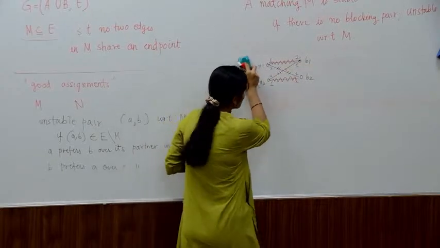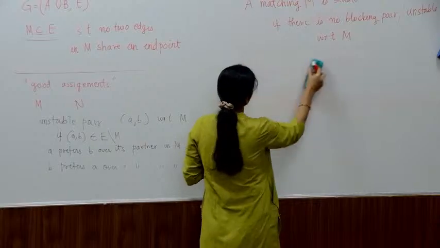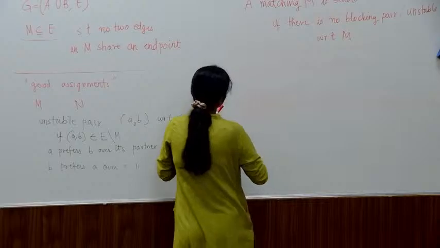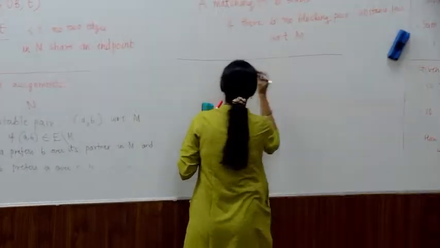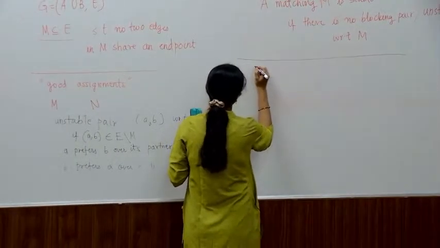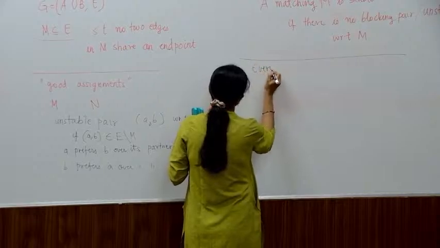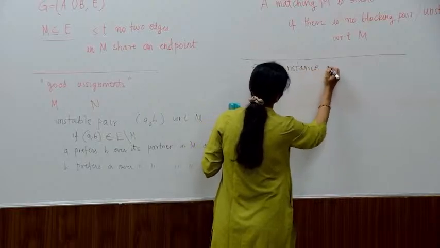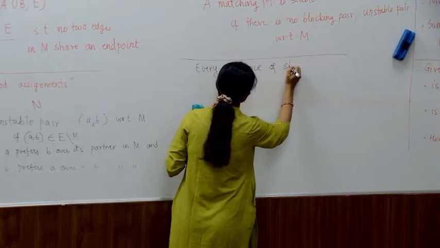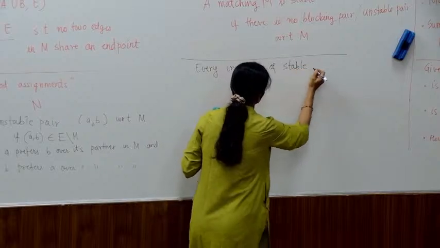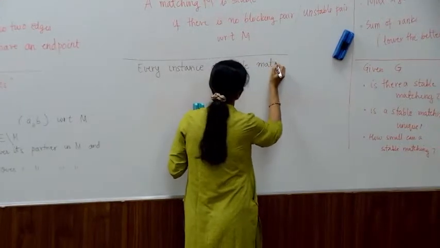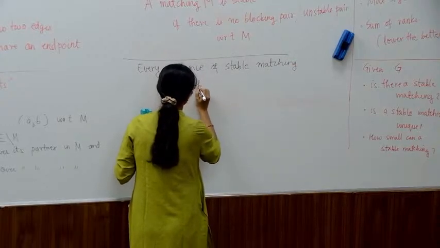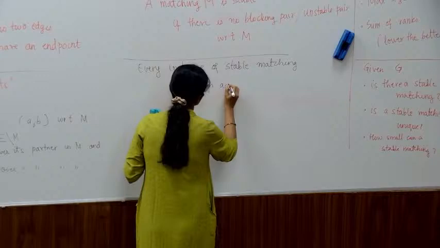What we are going to show, and initially to me it was very surprising, is that every instance of this problem, also called the stable matching problem or the stable marriage problem, admits a stable matching.